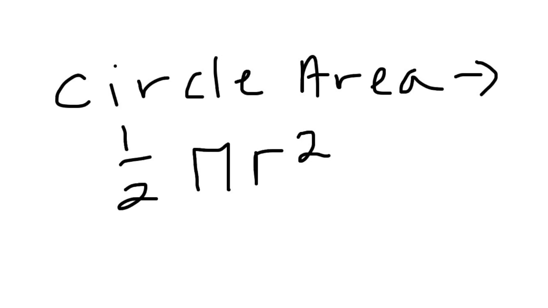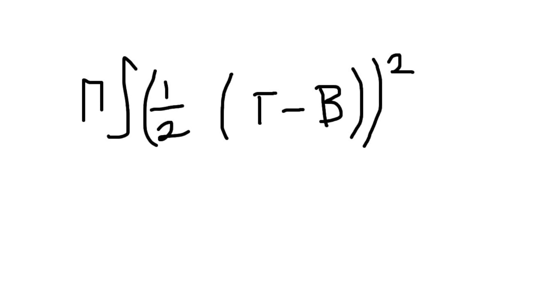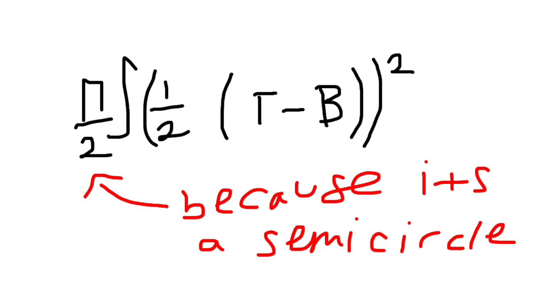Okay, so if the cross sections were circles, it would be pi times the integral of 1/2 times top minus bottom, and all of that squared. But because they're semicircles, which is half of a circle, you're going to divide pi by 2.